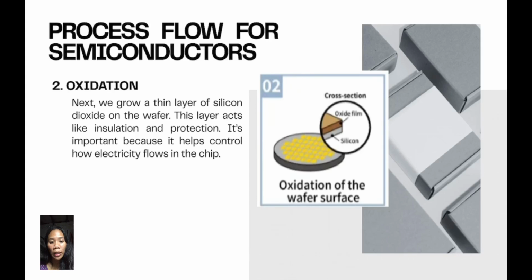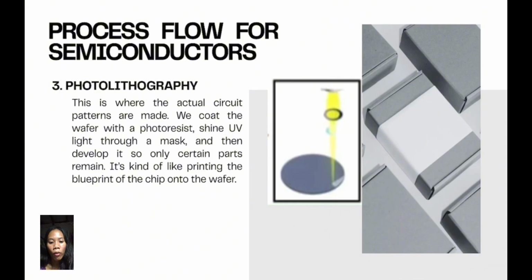The second process is oxidation. Next, we grow a thin layer of silicon dioxide on the wafer. This layer acts like insulation and protection. It is important because it helps control how electricity flows in the chips.